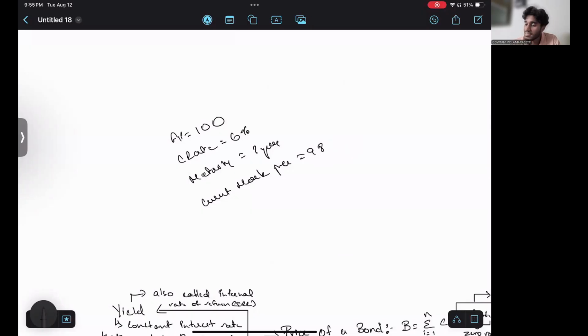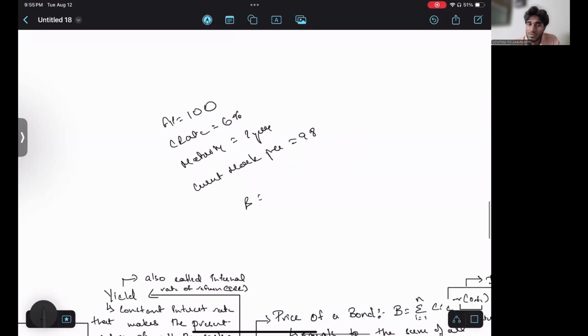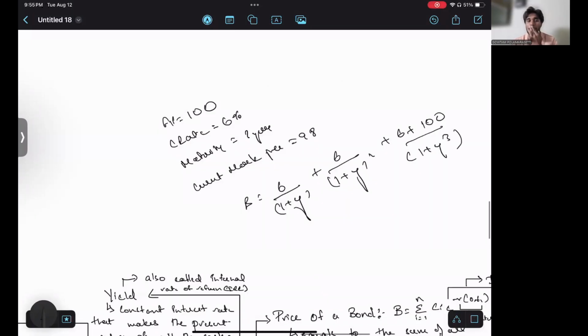So we can write this as B equals 6/(1+y) plus 6/(1+y)^2 plus (6+100)/(1+y)^3.